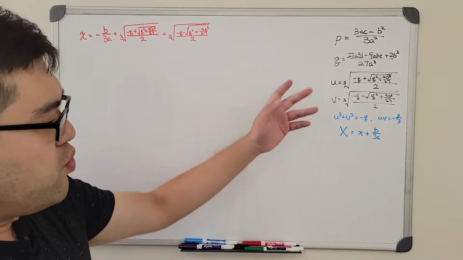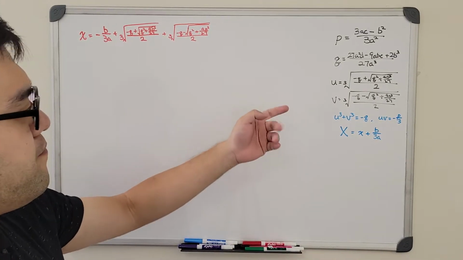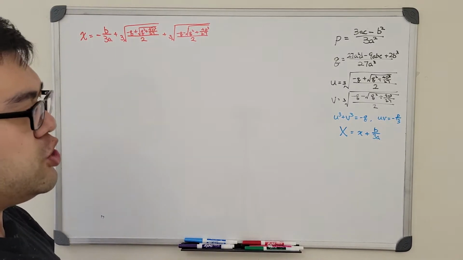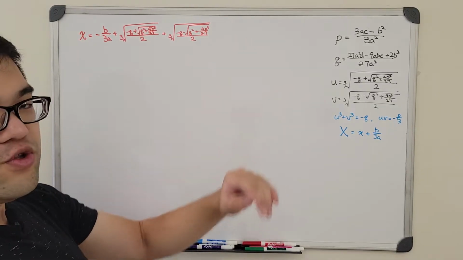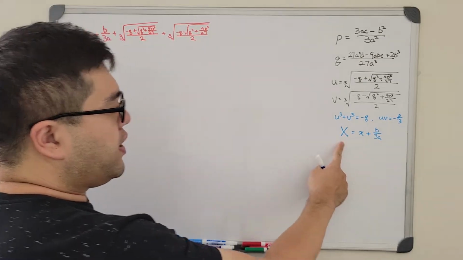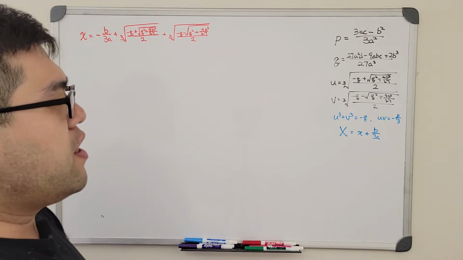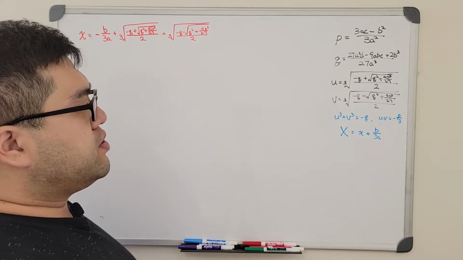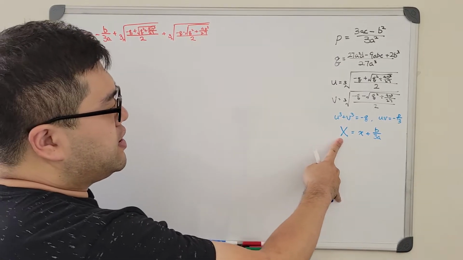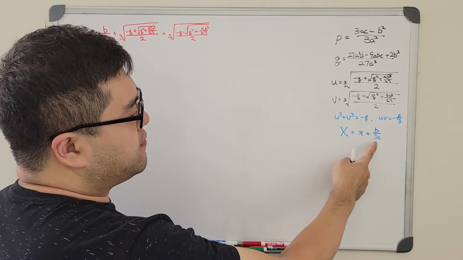Now again, we can switch the order of U and V, it doesn't really matter, but by alphabetical order, let's call the first term with the cube root lowercase u, and the other term we'll call V. We also have the following expressions: u cubed plus v cubed equals negative q. Also, u times v is equal to negative p over 3, as well as the substitution capital X equals lowercase x plus b over 3a.